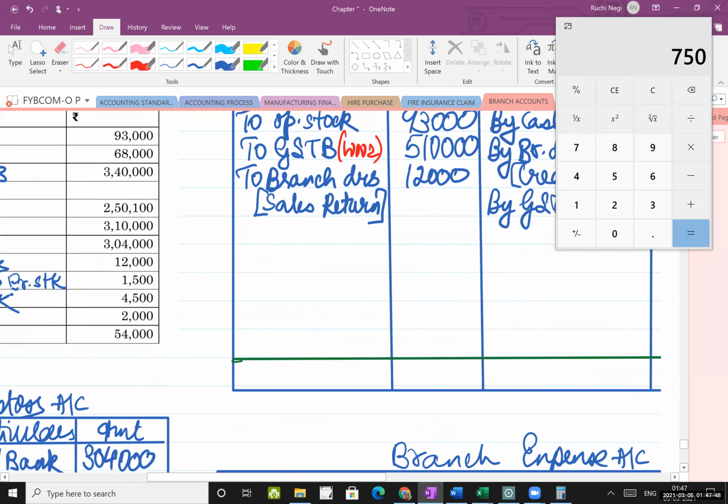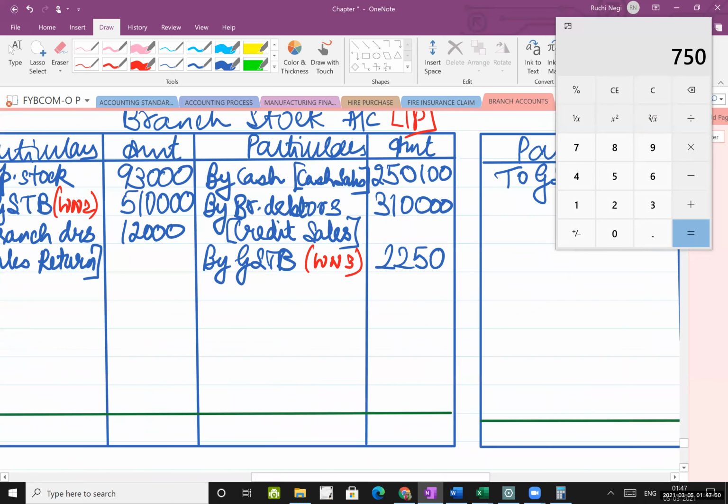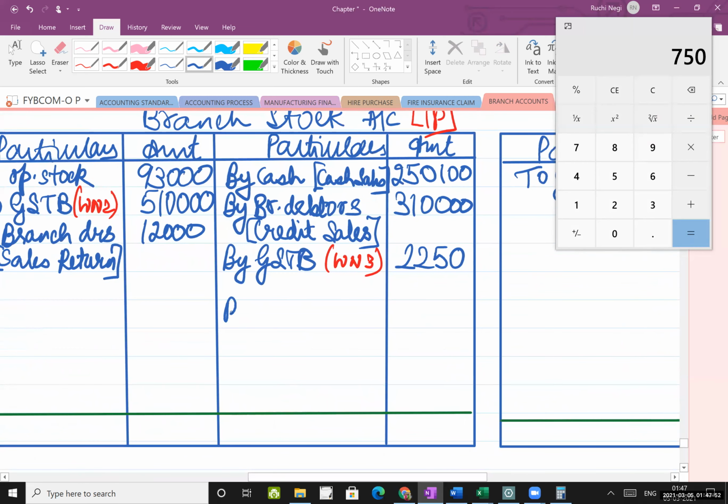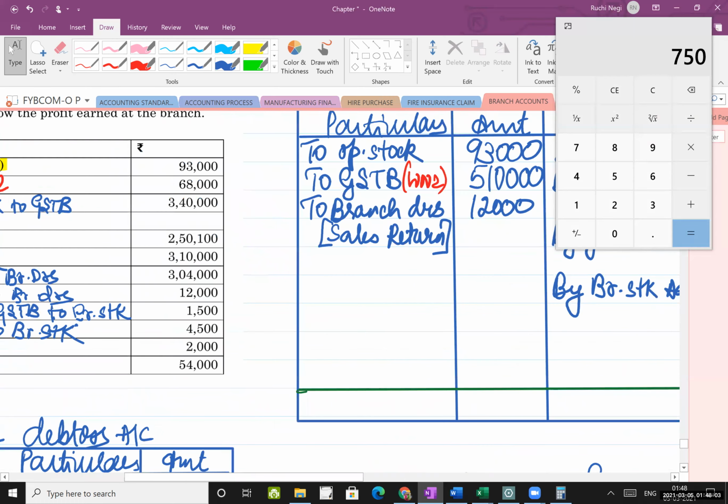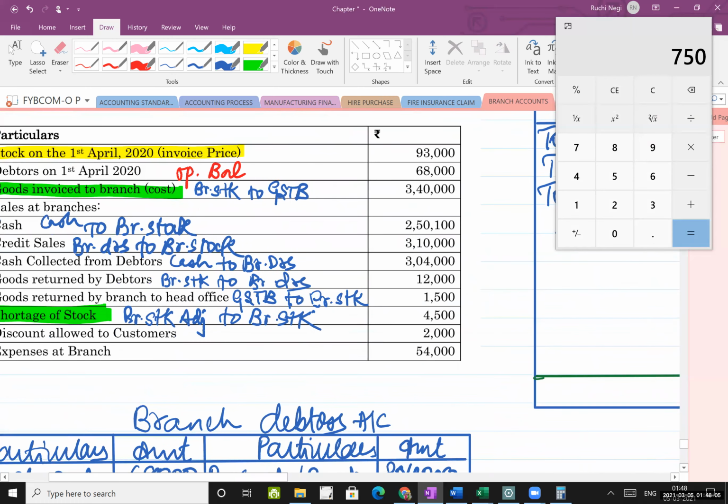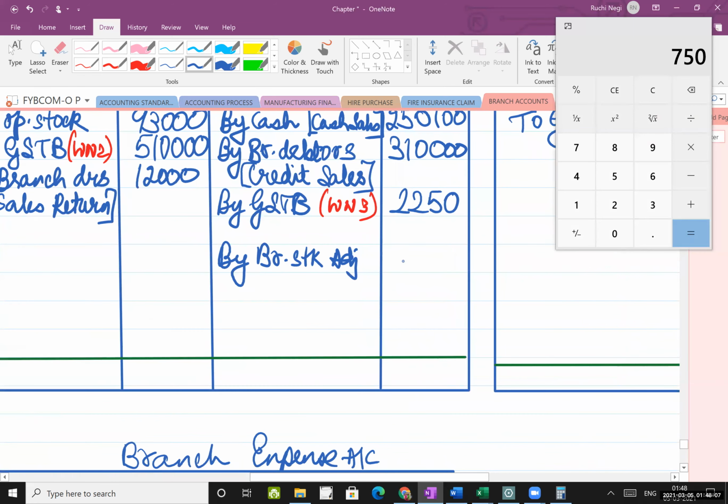Okay, yeah. Here it is. By branch stock adjustment. What is the value? 4,500. 4,500, and this is for shortage.